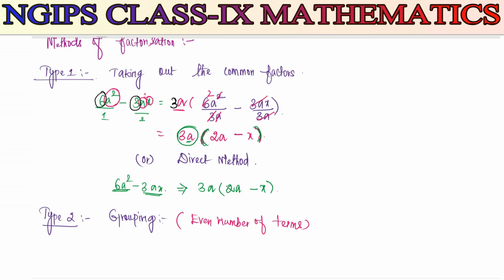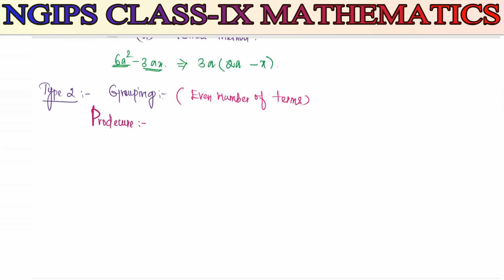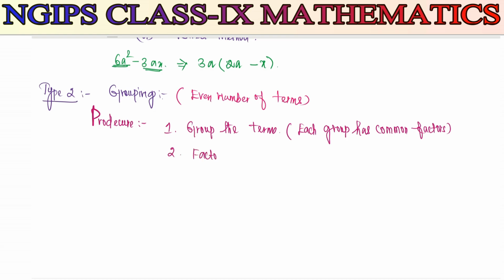So first, the procedure we have to take. The first step, you need to group the terms of the given expression in such a way that each group has a common factor. The second one, we need to factorize each group formed.